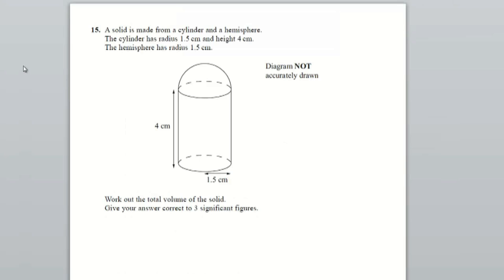A hemisphere being half a sphere, and we want the total volume of the solid. Well, the cylinder is a prism, so it's the area of the end face, which is circular, times the height, pi r squared times height.